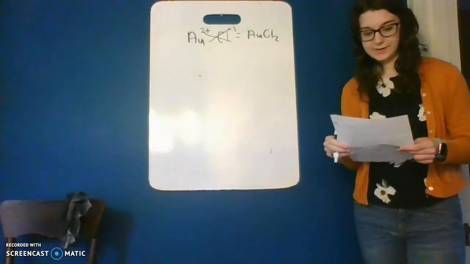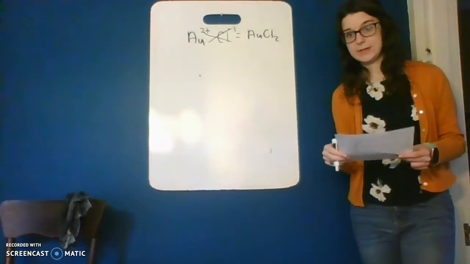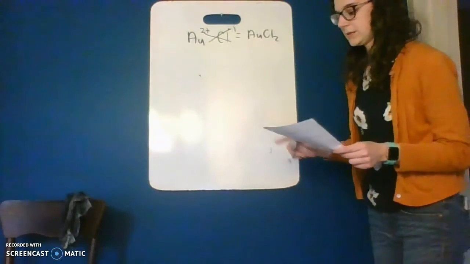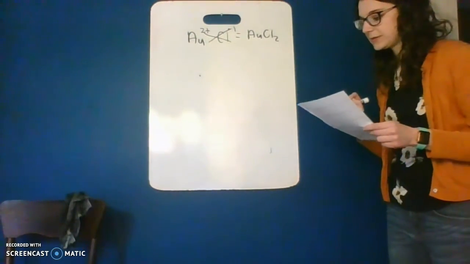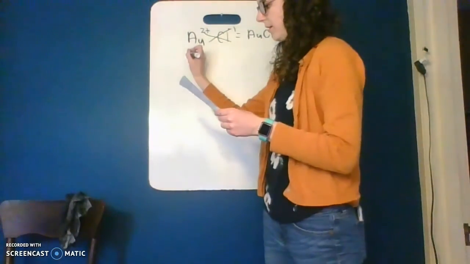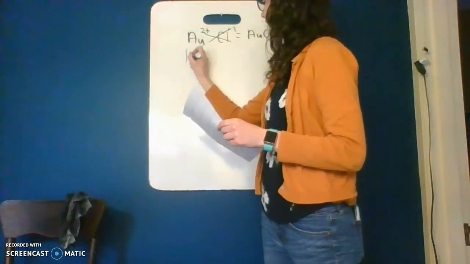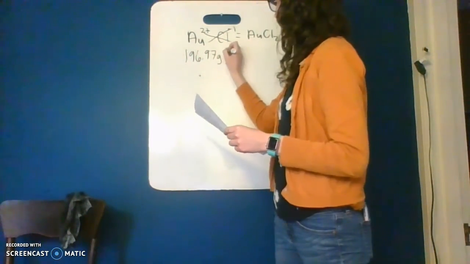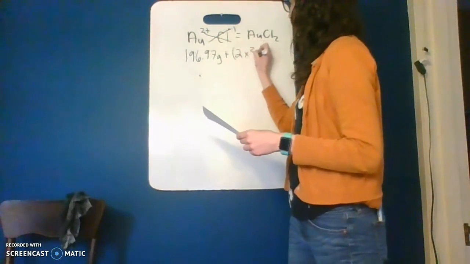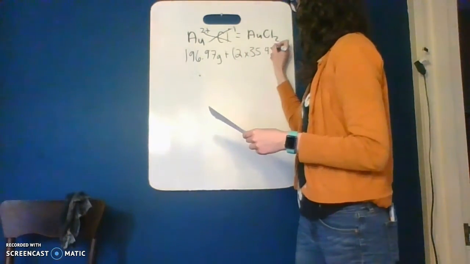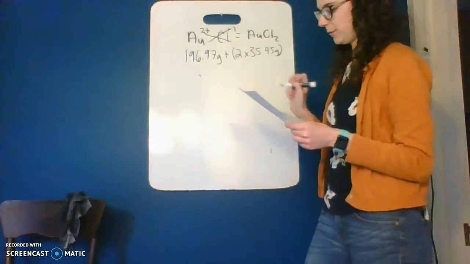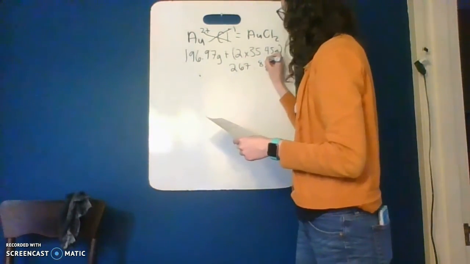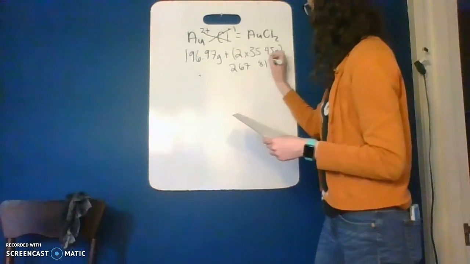First thing I want to do is find the percent of gold in this compound, because it asks how many grams of gold are in the compound. So I'm going to find the total molar mass of AuCl2, which is 196.97 plus 2 times 35.45. That gives me a molar mass of 267.87, sorry.